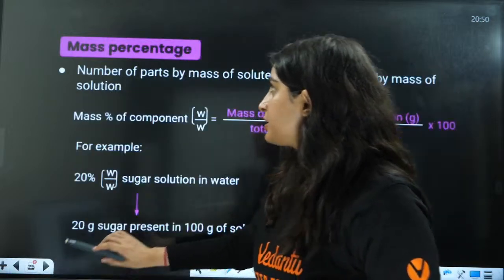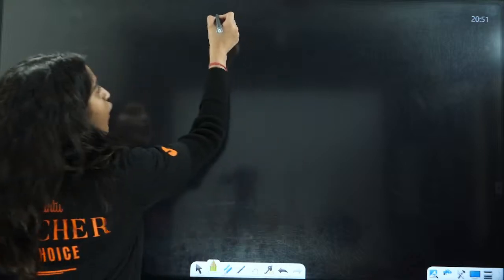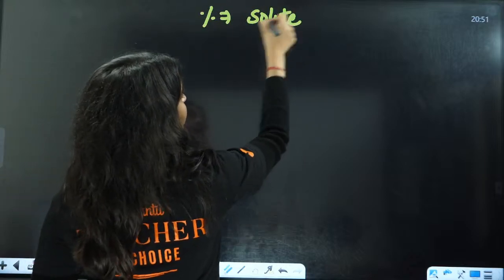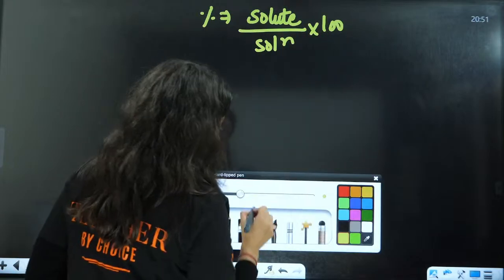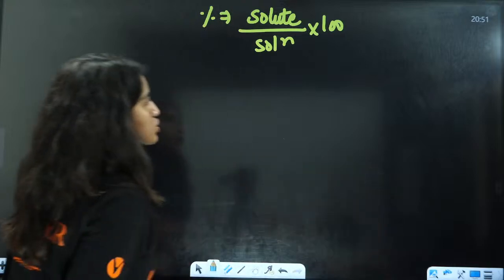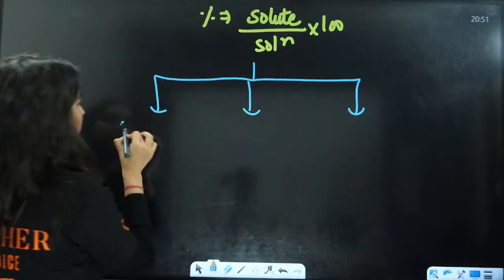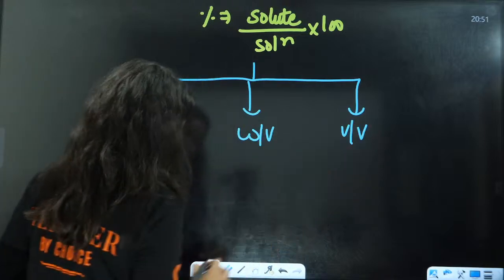So the concentration terms here: first is mass percentage. Always remember, for percentage you will always write solute by solution multiplied by 100. If you're talking about three things here, we are talking about weight by weight, weight by volume, or volume by volume.